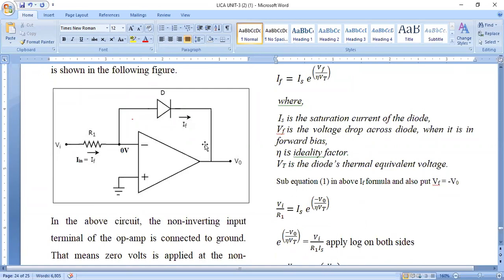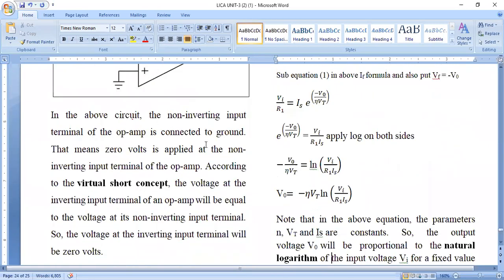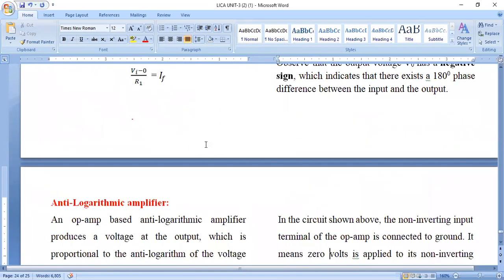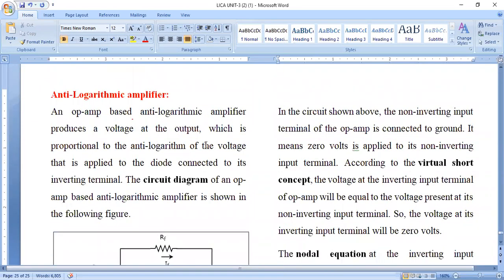Next we will go to the second classification of logarithmic amplifiers, that is the anti-logarithmic amplifier. The logarithmic amplifier can easily be turned around to provide the anti-logarithmic or exponential function, called the anti-log amplifier.